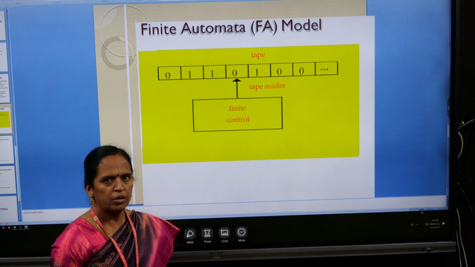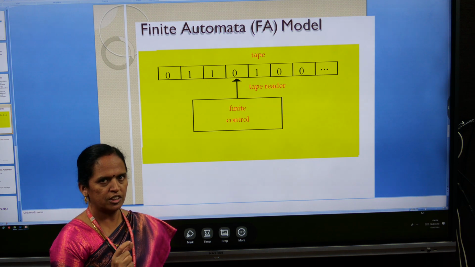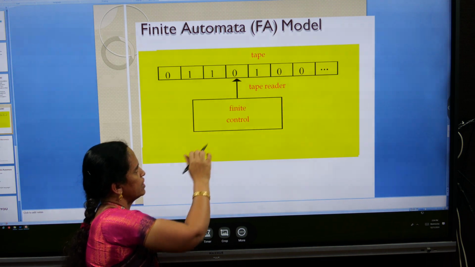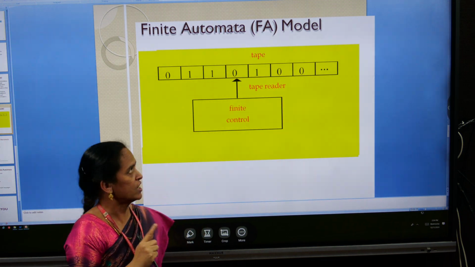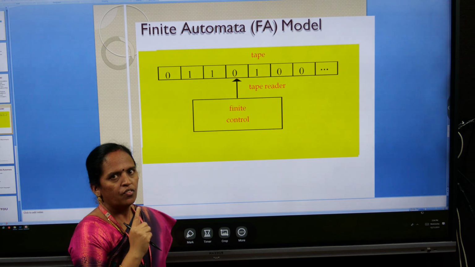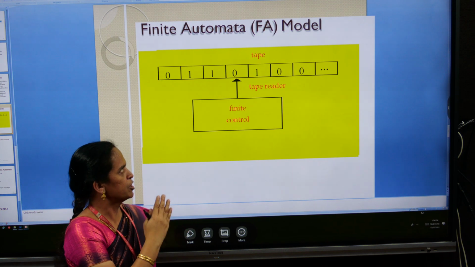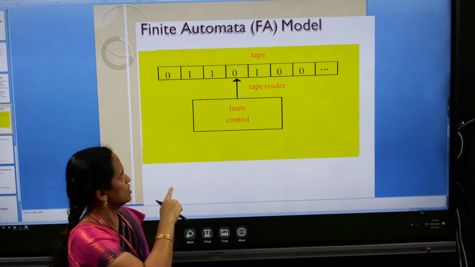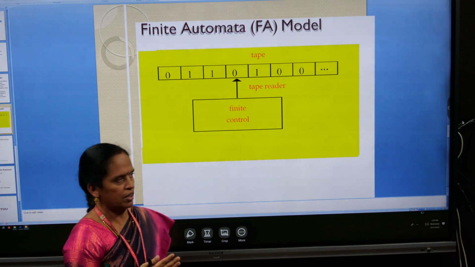Each cell is capable of holding only one input symbol at a time. The tape head initially points to the first input symbol on that tape. For each step it moves to the next input symbol. After processing one input symbol, it moves to the next symbol.